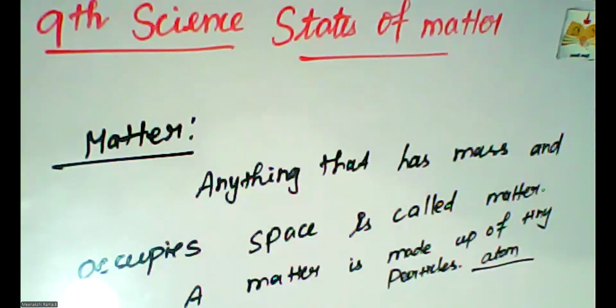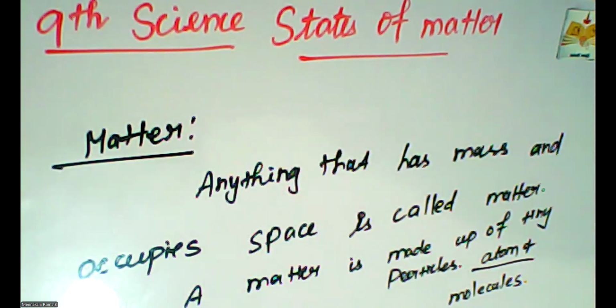Each and every material is made up of atoms and molecules. We are used to different kinds of materials, glass, rubber, wooden material. These materials are made up of atoms and molecules. This is the basic concept.